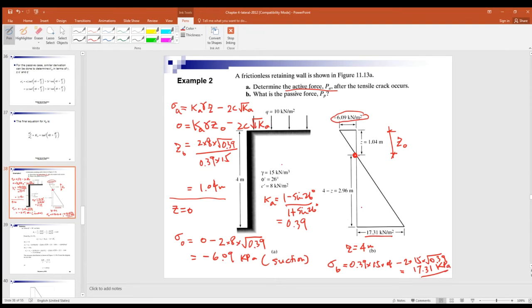So we got what? At the top, negative 6.09, right? And at the bottom, you got 17.31. And Z naught equals 1.04, right? And 4 minus 1.04 gives you 2.96. So we got the complete pressure diagram.